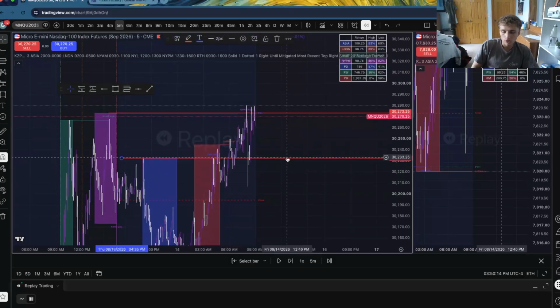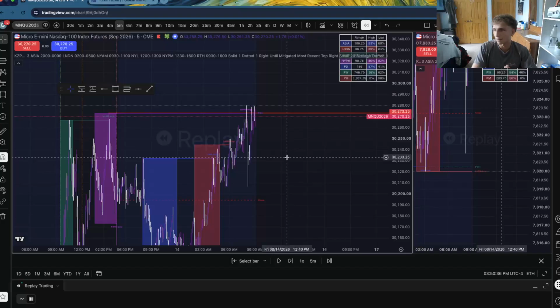Do I take trades off of liquidity? Generally, no. I don't like to do that. It's just not my cup of tea. So why do I look for it? I look for it because I take profit at these, and I also get my bias from these.